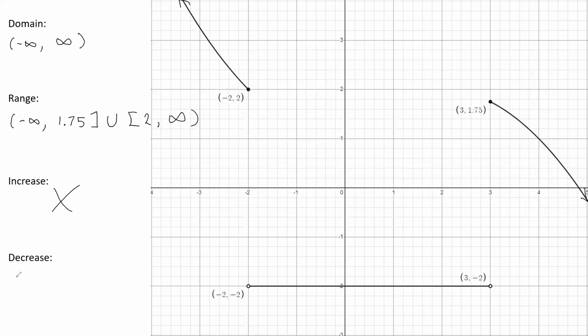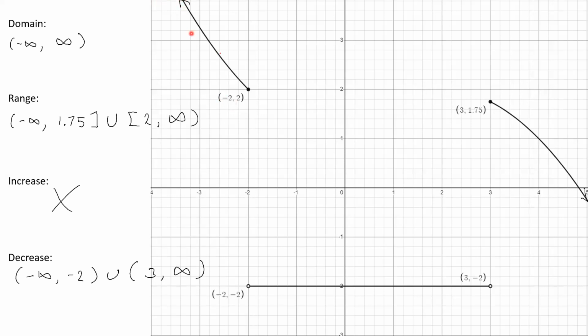So I'm going to write the interval of decrease will be from negative infinity to negative 2, union 3 to infinity. For intervals of increase and decrease, as well as constant, remember, we're only looking at the x values. That's why I put negative infinity way up here.